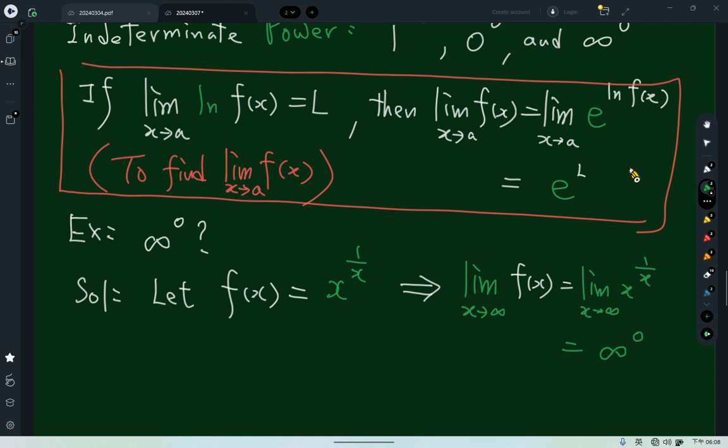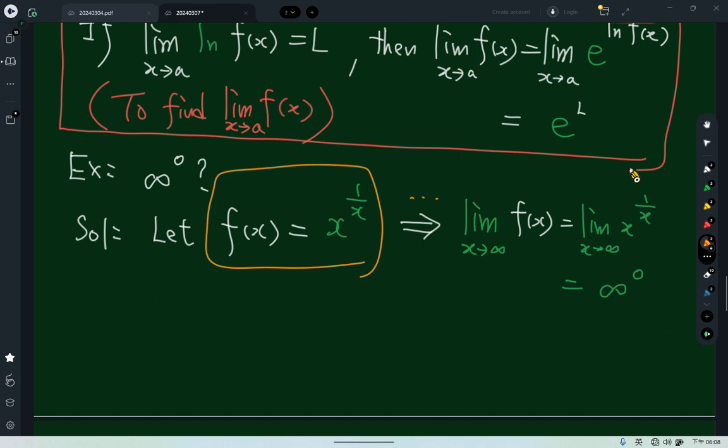When I calculate its limit as x approaches infinity, we can get a result. So the key tip is I assign this function, then I gradually calculate it, and then I can get the result.